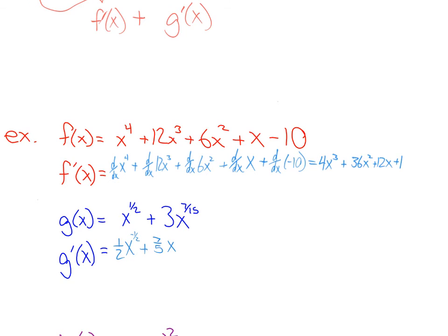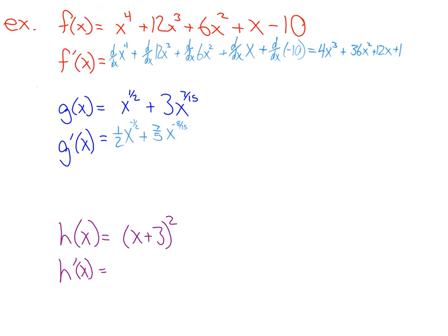X to the 7/15 minus 1 would be a -8/15. Okay, so you can see here, it doesn't matter if they're fractions or even decimals, we just apply the same rule every time. Okay, bring the original exponent out in front as the coefficient and subtract 1 from that exponent.